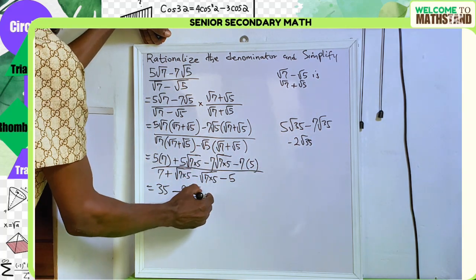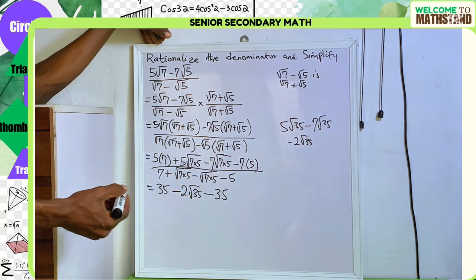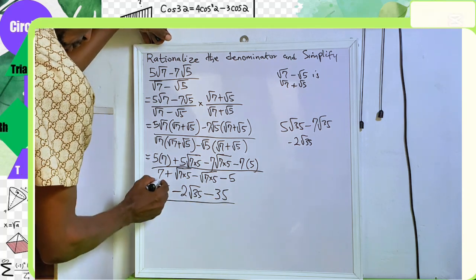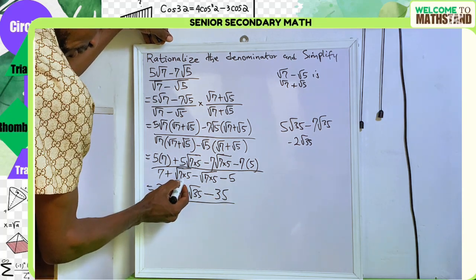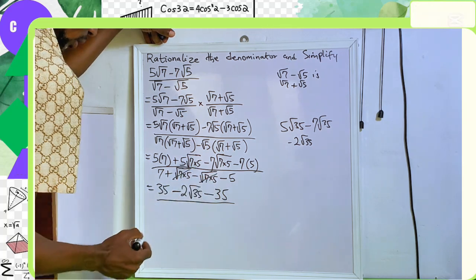So the last part here is 35. 7 times 5 is 35. So we move to the denominator. Here we have 7 times 5 minus 7 times 5, that means these two are gone.